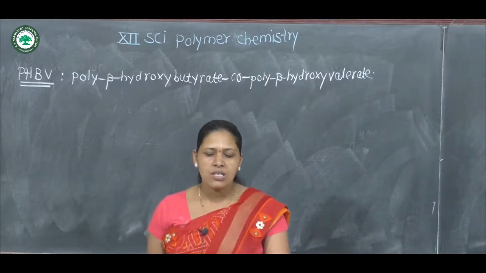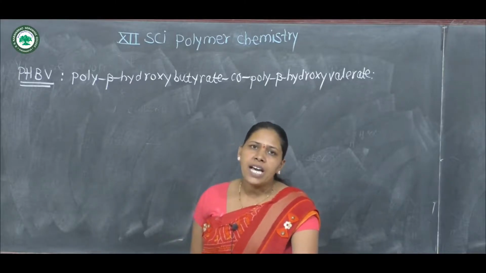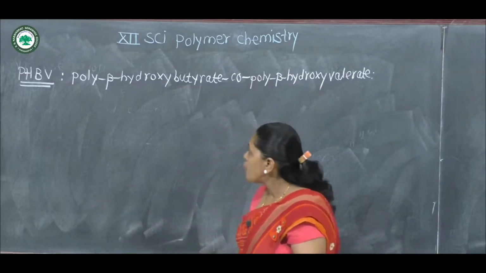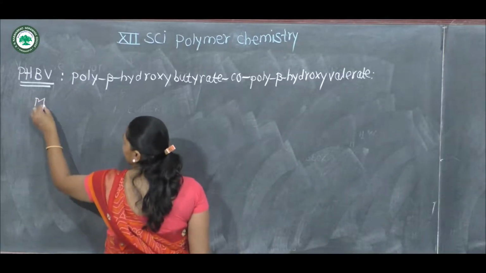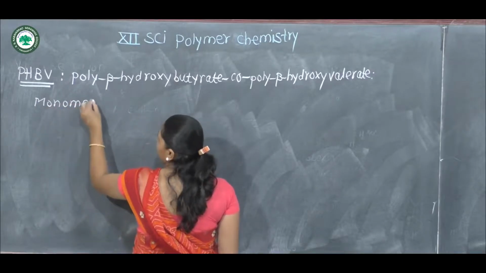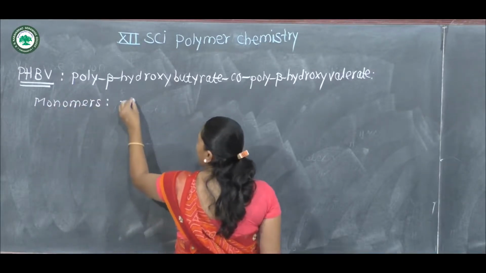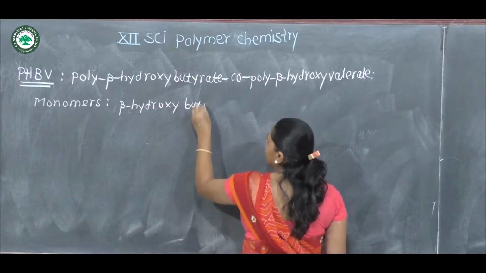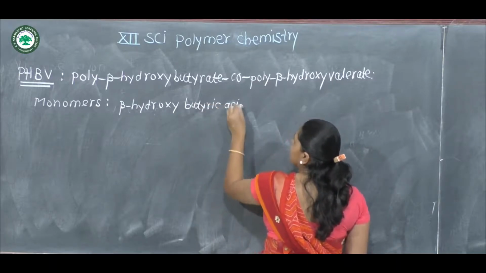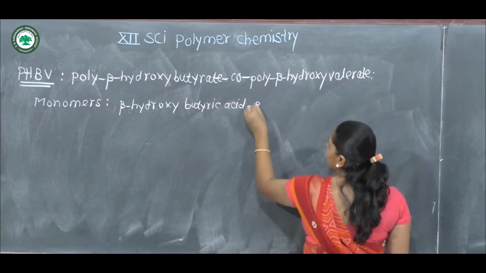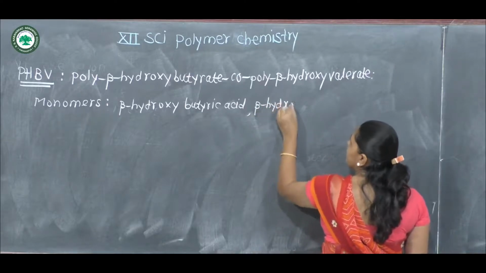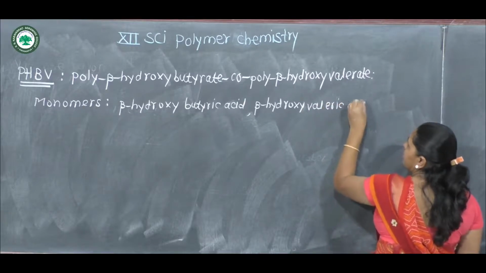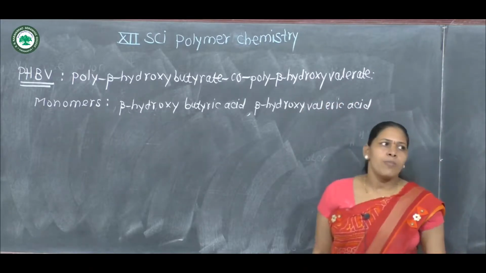These are commonly called beta-hydroxybutyric acid and beta-hydroxyvaleric acid. These are the common names of the monomers.